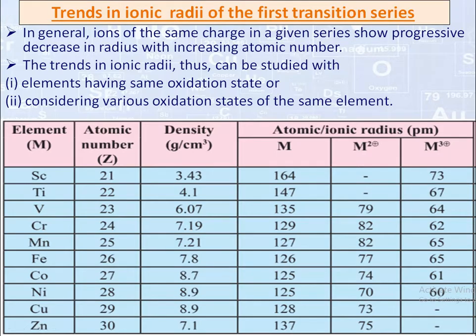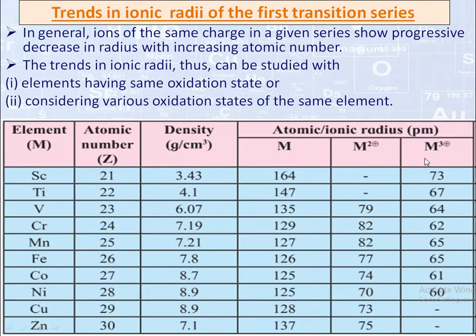Now, for one element, when we consider various oxidation states, for example, manganese has various oxidation states of +2, +3, +4, +5. So here we can observe that for an element with different oxidation states, its ionic radii decreases as the oxidation state increases.